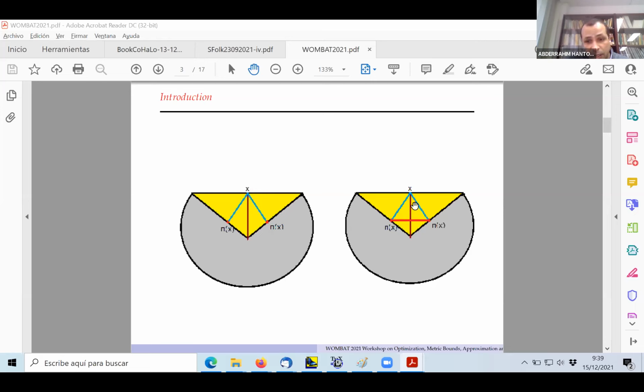And as we see, this distance from X to the projection, which is the Hausdorff distance of the set from its convex hull, is always smaller than the diameter of the projection. So this is why in the title I put dual.